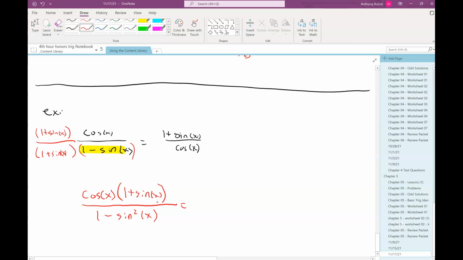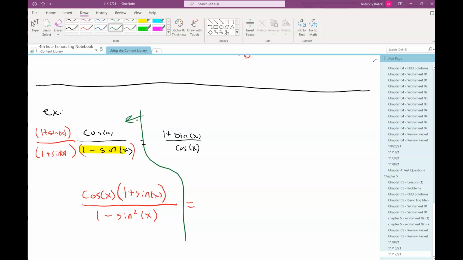Wait, were we starting from the right side or the left side? I'm working on the left side. Oh, I thought you were starting on the right. I see. So I chose to work on the left. It doesn't really matter.